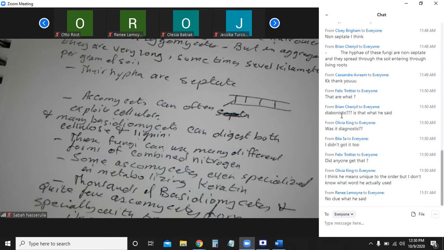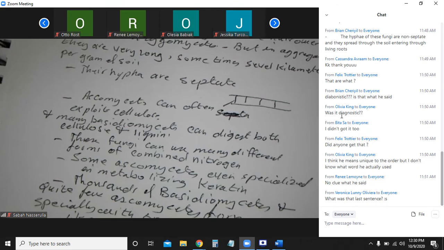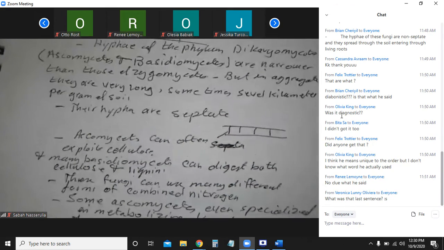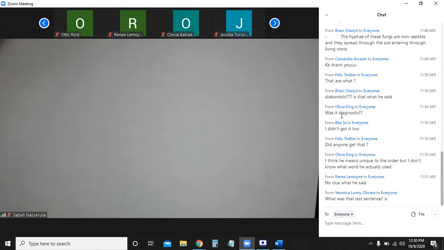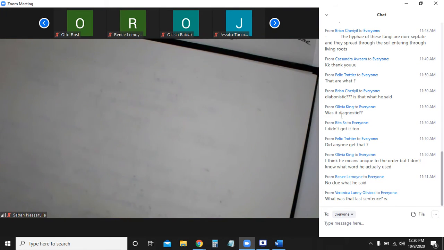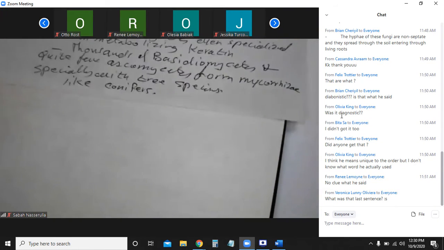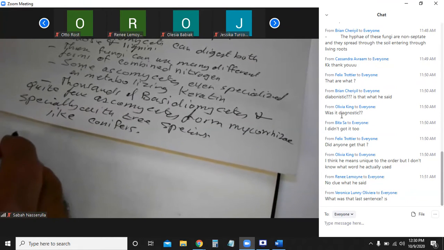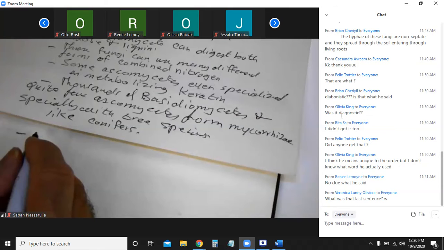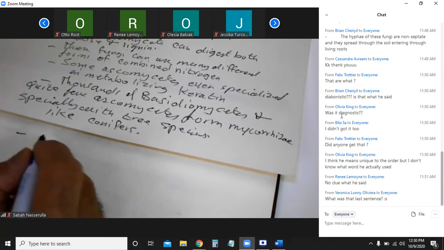The other characteristic I mentioned to you: this group of fungi has a cell wall that also contains chitin. So simply, they contain a chitinous cell wall.